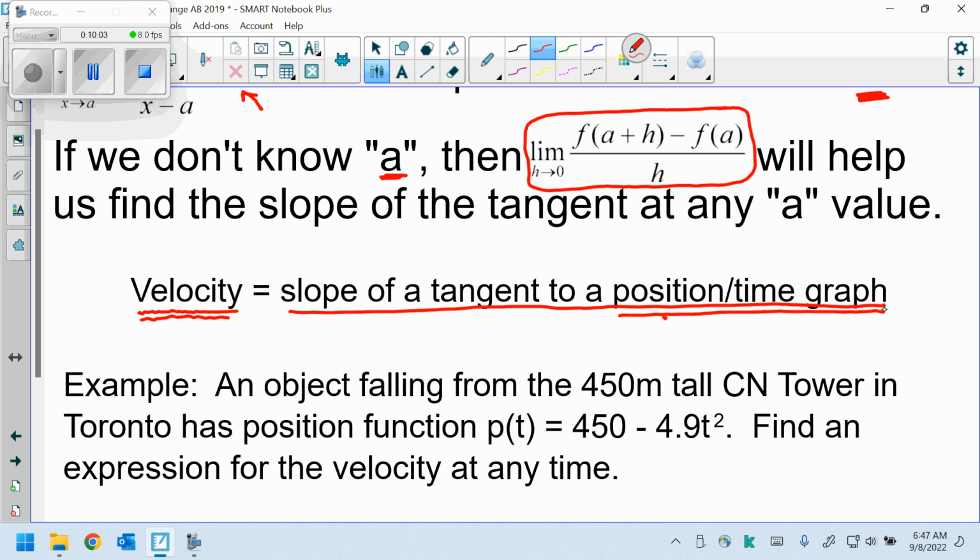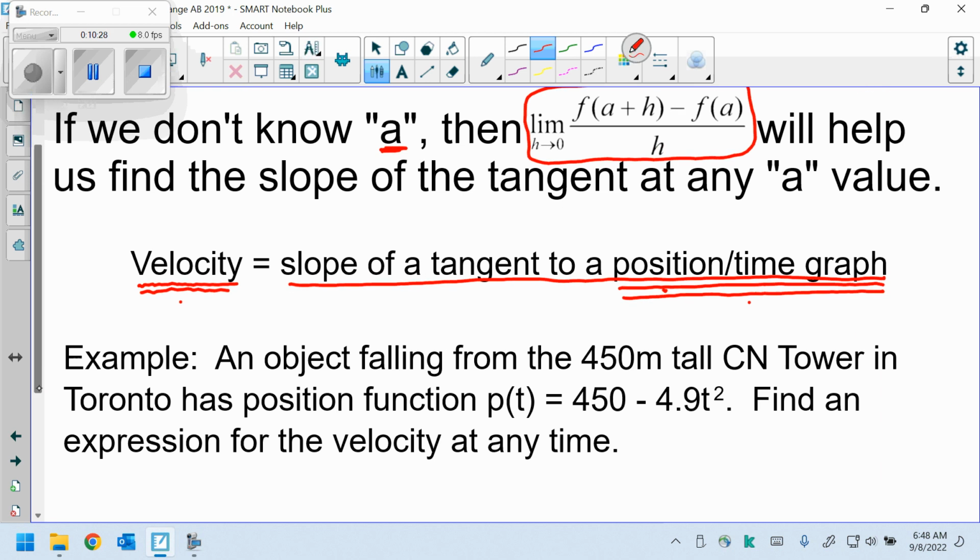If you find the slope at a single point of a position time graph, you found an instantaneous velocity. A velocity, slope of a position time graph. We're going to do lots of work with velocities, positions and times, accelerations, starting in this chapter.